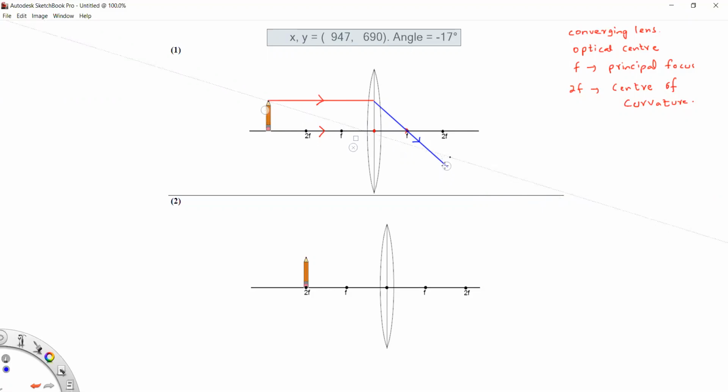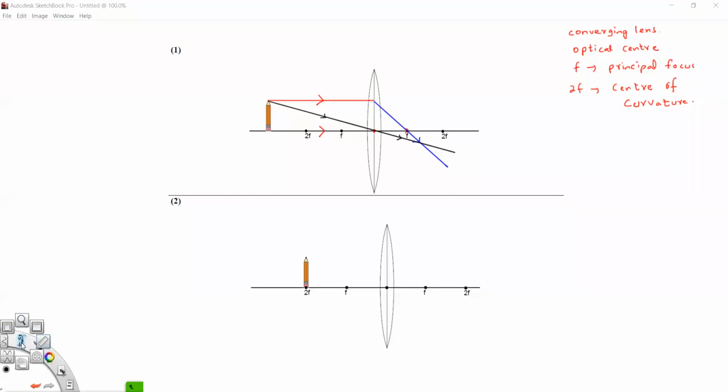Okay. The other light ray which we have to draw is a light ray that passes through the optical center. As per the rule, a light ray that passes through the optical center remains undeviated. It passes straight. The intersection of these light rays gives you the image.